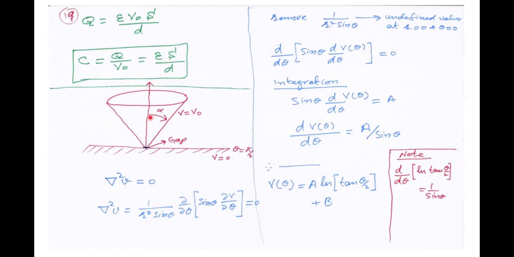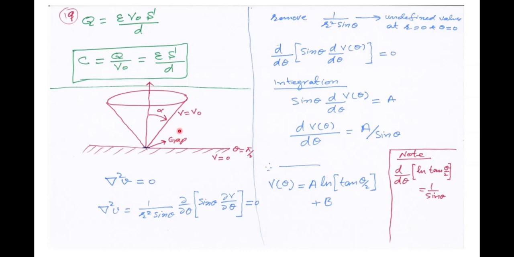So the variation in the conical surface is with respect to theta. In this example, we are given that the variation in the surface occurs with respect to theta. So this means that the resultant potential function is a function of theta only.